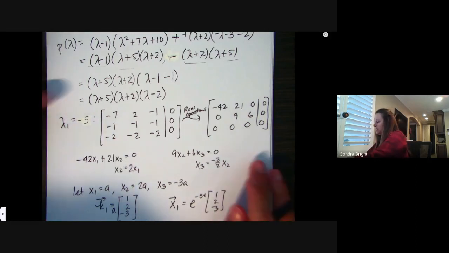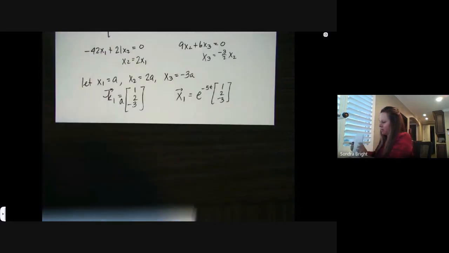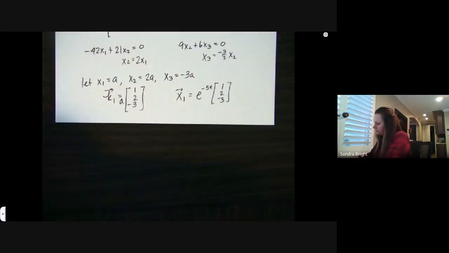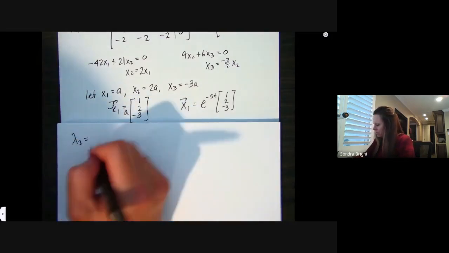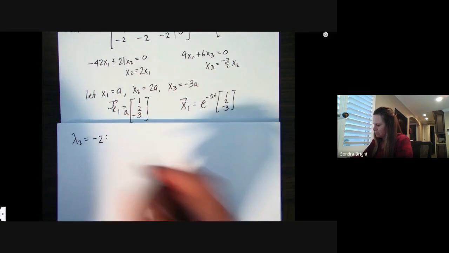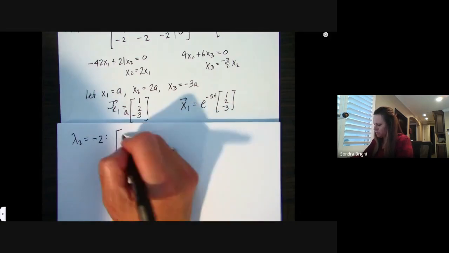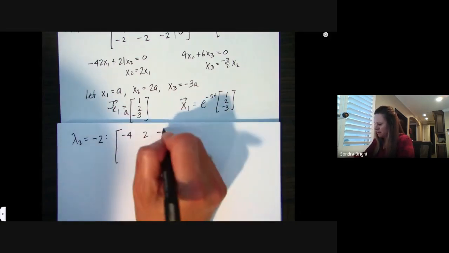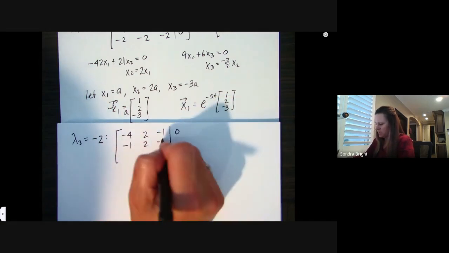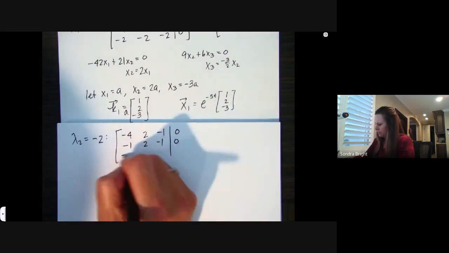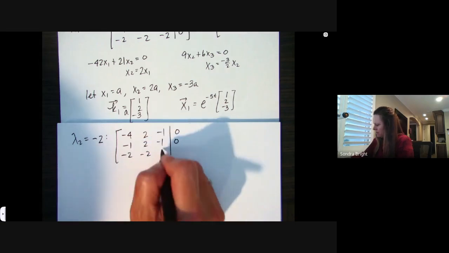All right, we're going to do the same thing with the other two, and I think I'll do some math magic again if that's okay with you guys. Work it out yourself. The second eigenvalue was negative 2. And when you do that, you'll have negative 4, negative 1, 0, negative 1, 2, negative 1, 0, negative 2, negative 2, 1, 0.